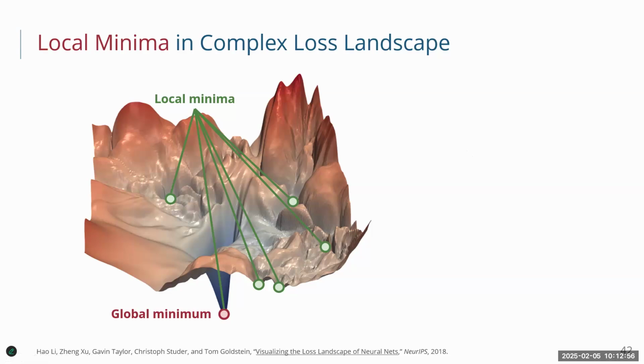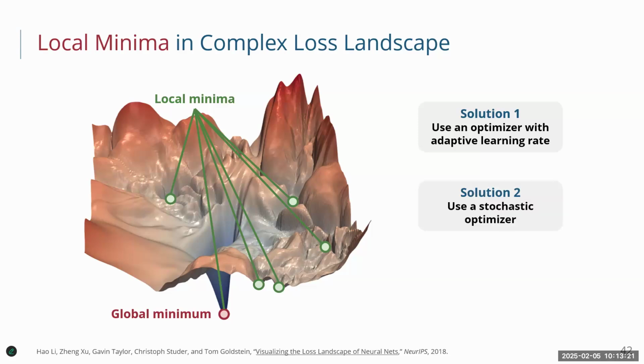To fix this, there are several different ways, and these are some of the things that you would typically use when you are training your neural network. First is to use an optimizer with adaptive learning rate. We will see some cool animation, so we'll talk about it. The second solution is to use a stochastic optimizer.